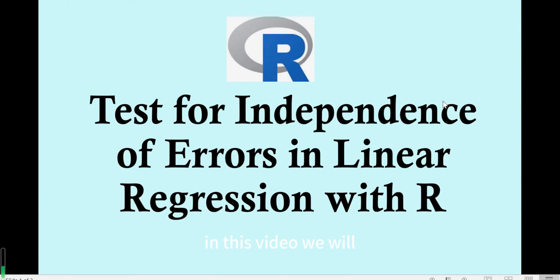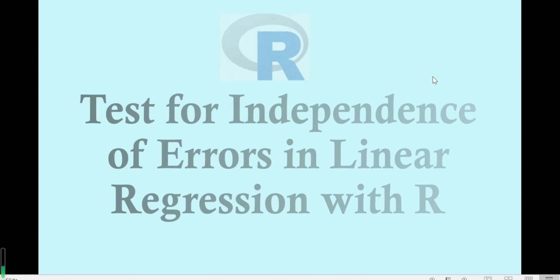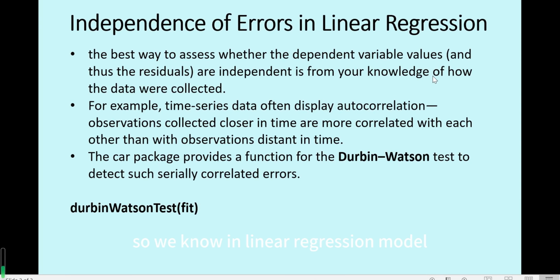In this video, we will talk about tests for independence of errors in linear regression using R. So we know in a linear regression model, one of the assumptions is the independence of error terms.